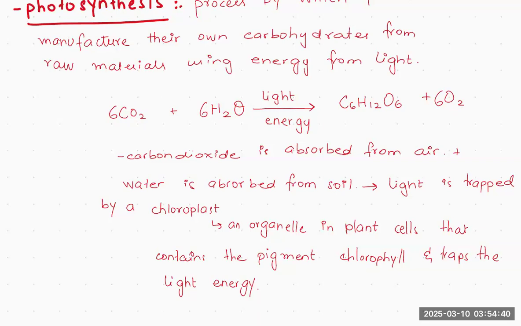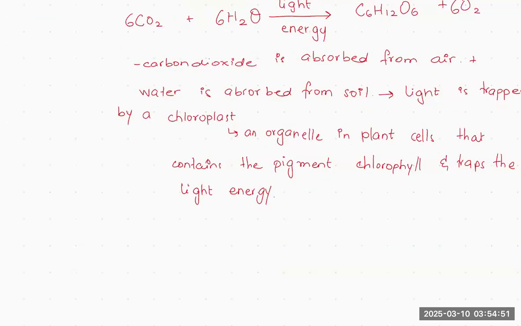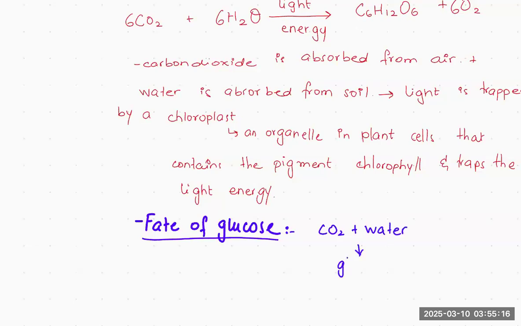Let's see. What we're going to see is that carbon dioxide plus water is converted into glucose. Now, some of this glucose is converted into starch.